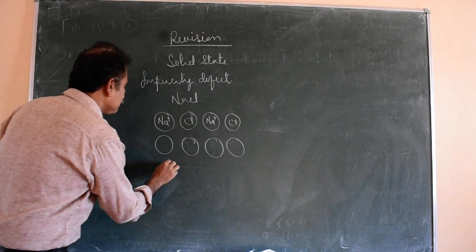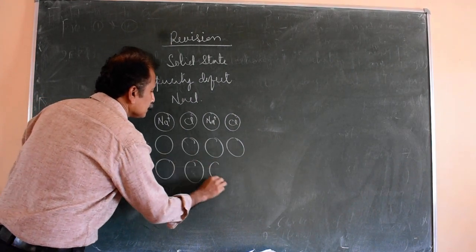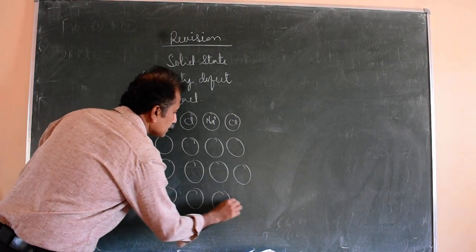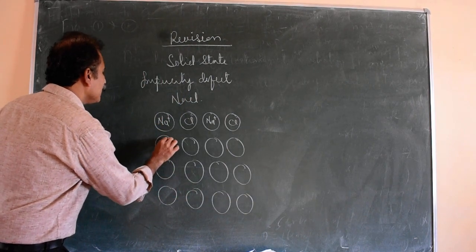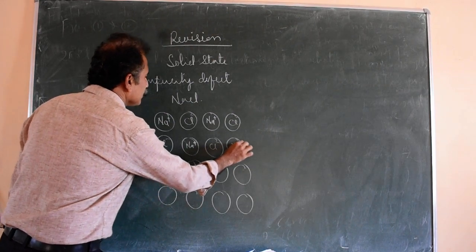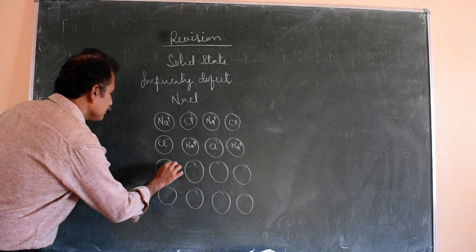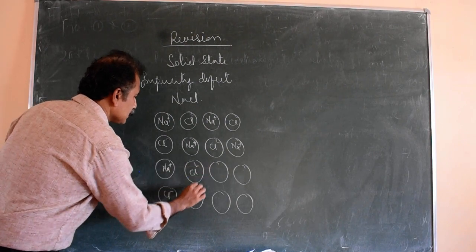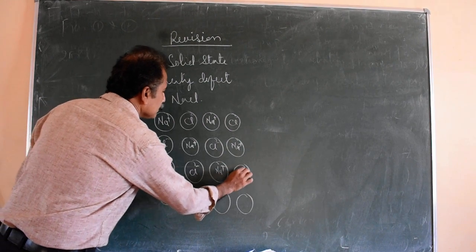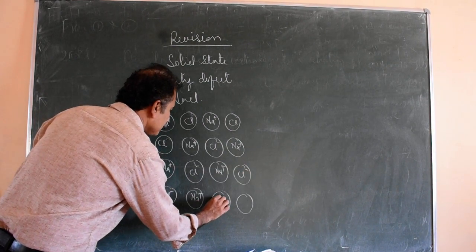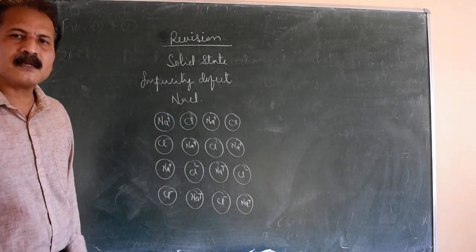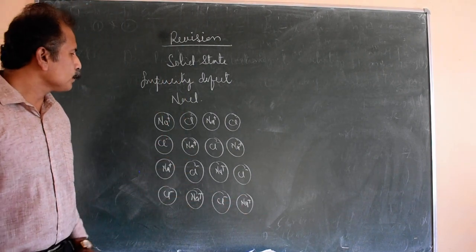Like this. Then I can write Cl minus, sodium, Cl minus, sodium, again sodium, Cl minus, sodium. So it is a regular NaCl crystal. This would have been the structure.